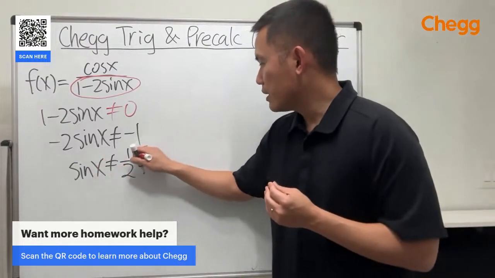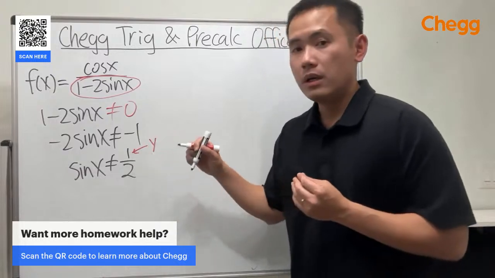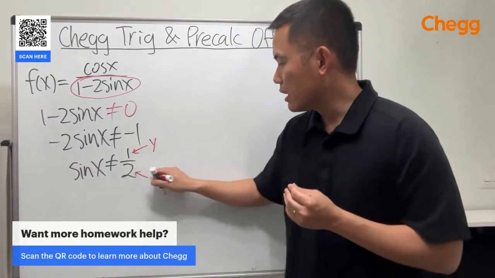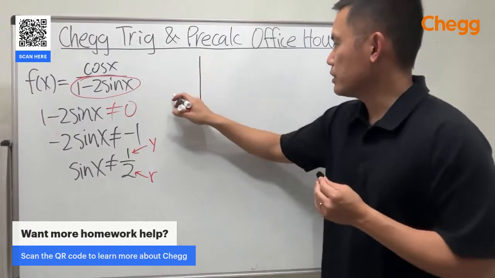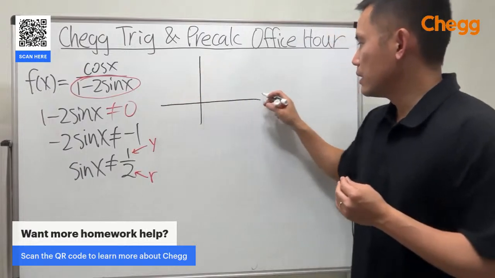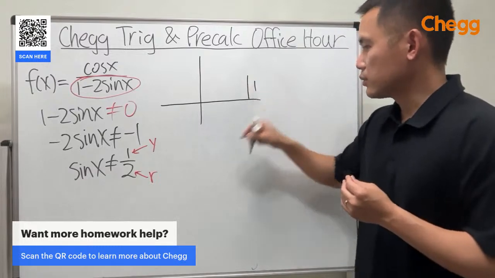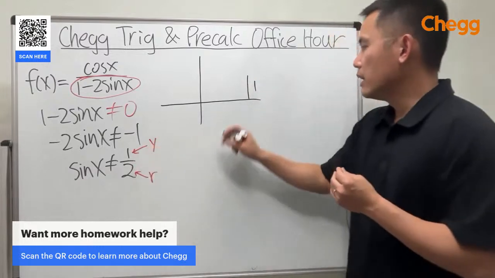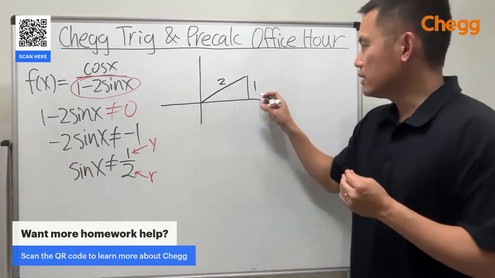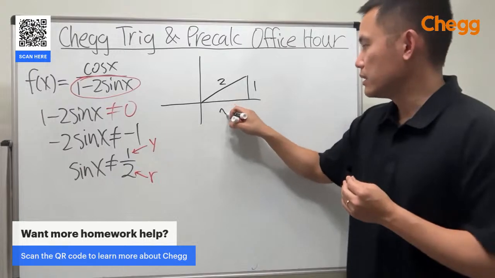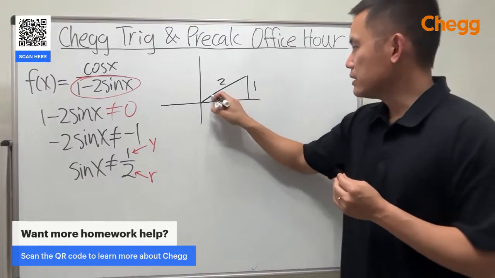For the sine, this is the y value, and the bottom is the r value. I can draw a picture. Let's say y is 1 and r is 2. And the third side is just square root of 3.